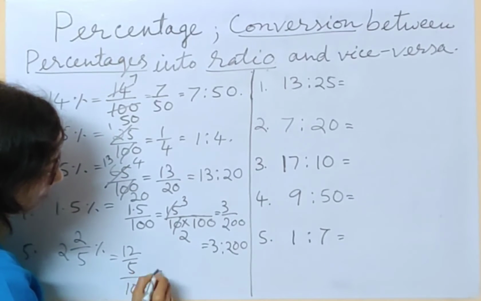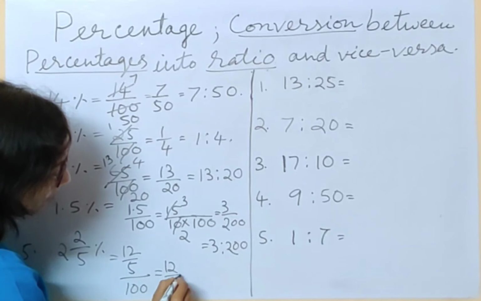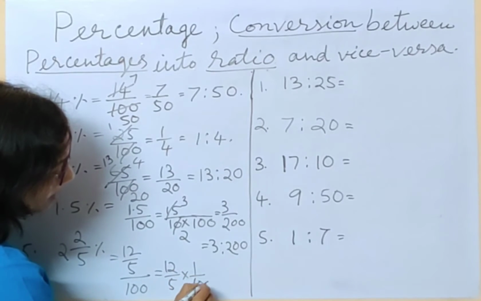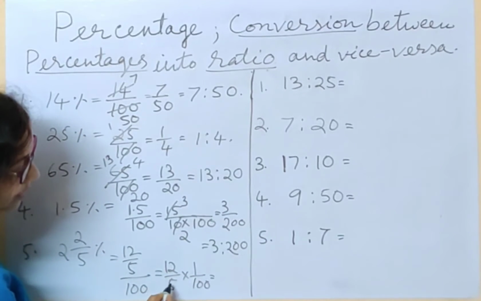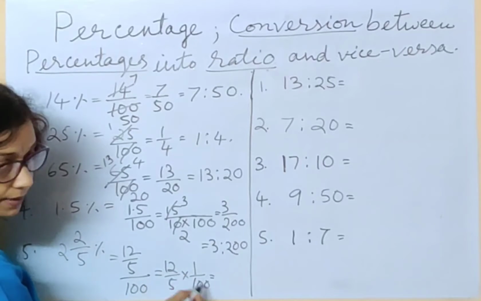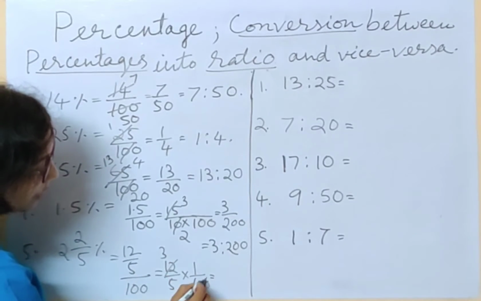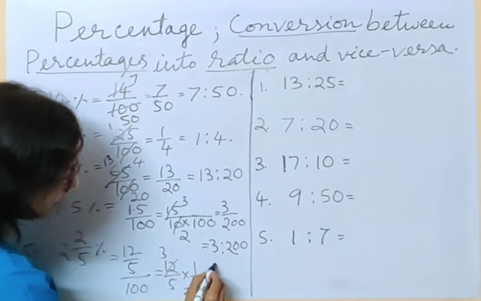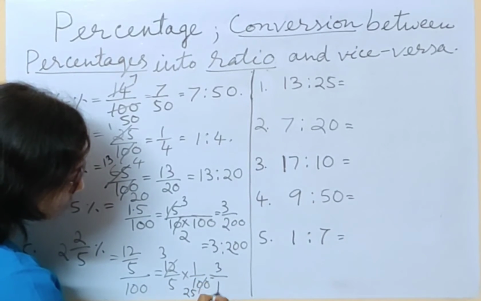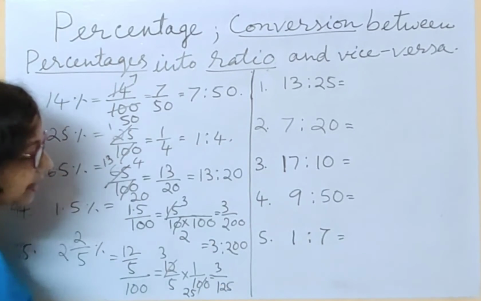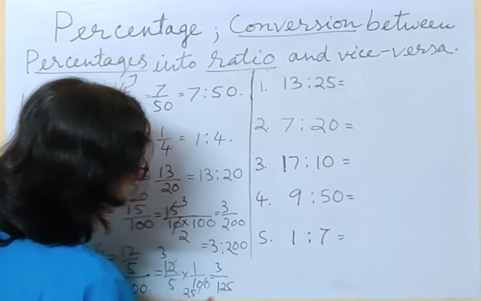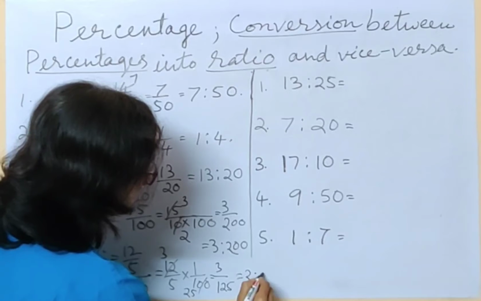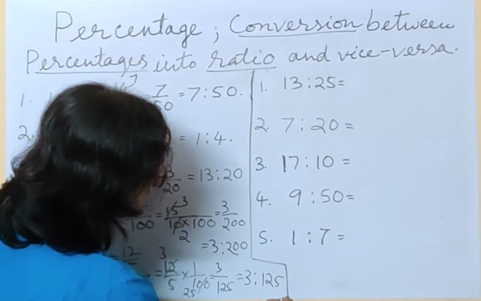So 12 by 5 into 1 by 100. So here you can see we can cancel 3 4s are 12 and 25 4s are 100. So it becomes 3 by 125. And how do we write it as a ratio? We can write it as a ratio like 3 is to 125.